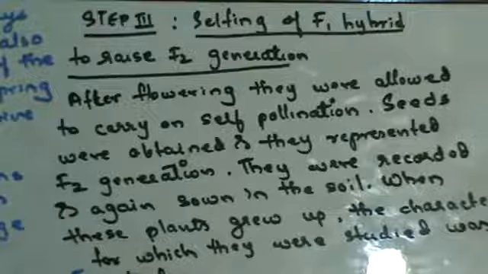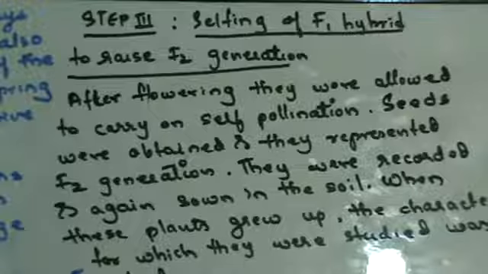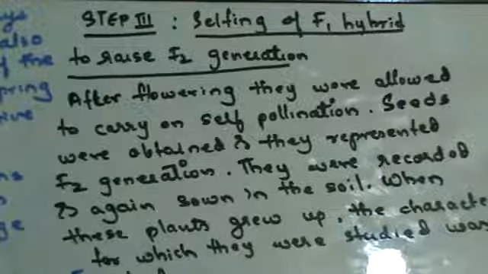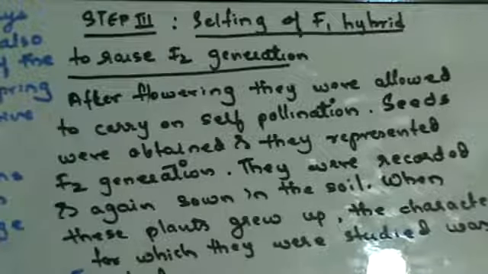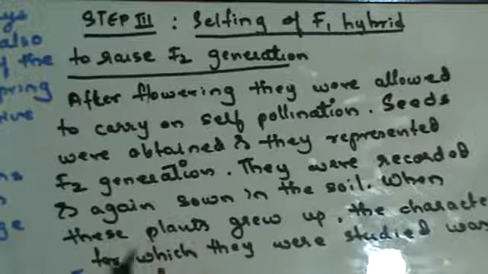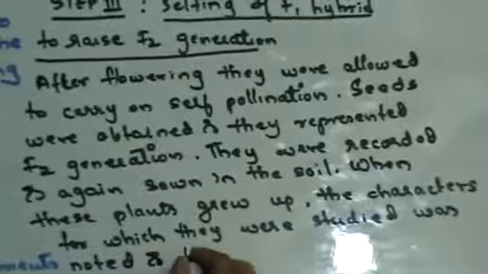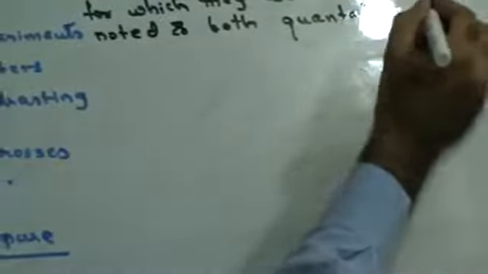That means if I wanted to know whether I would get a tall plant or a short plant, I did a cross between a pure tall and a pure dwarf. Right? I got my F1 generation which would either be tall or dwarf. Then I did self-pollination of that plant and I have got a new plant. Now, I wanted to find out whether it is going to be tall or dwarf. So the character for which they were studied was noted and both quantitative and qualitative results were obtained.